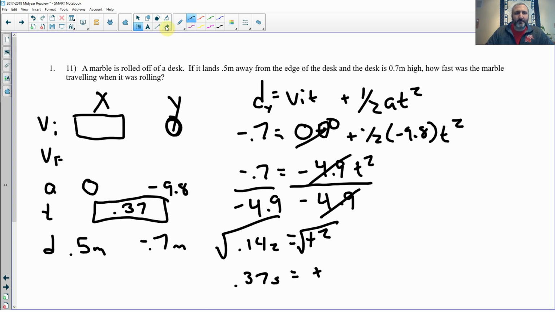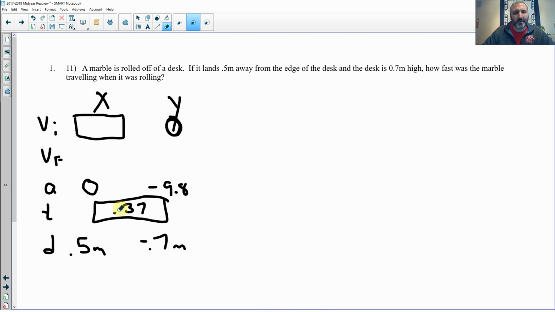And now from there, I can go ahead and look at what's happening in the x dimension. How fast was this thing going? So I know it traveled 0.5 meters in 0.37 seconds because that's how long it took to fall off the desk. And anything that we're dealing with in the x dimension doesn't accelerate, so we can use this equation, v equals d over t.